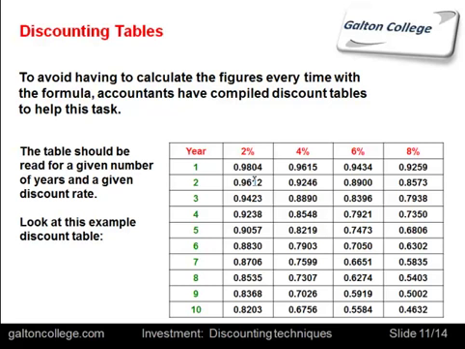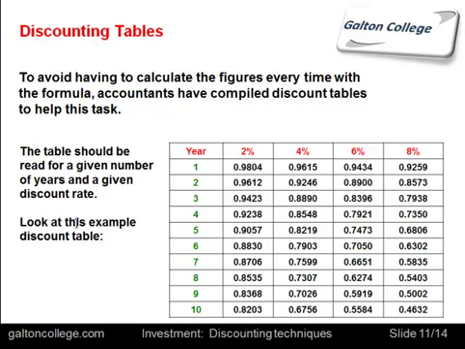You can get them online nowadays. So they're fairly easy to come by. If we take a year, say 2 years at 2%, the multiplying factor is 0.9612. If it was 8%, it would be 0.8573. The table should be read for a given number of years and a given discount rate.